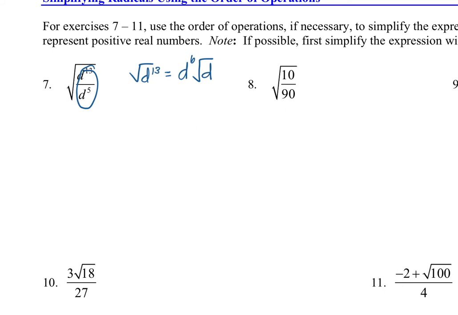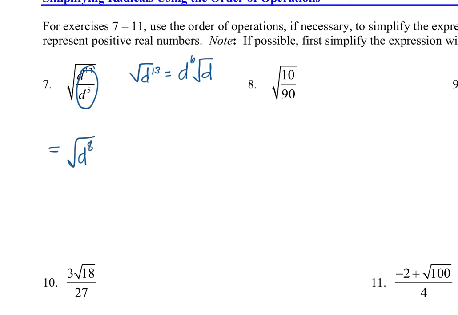D to the 13th divided by d to the 5th is d to the 8th, because it's the same base, and when you're dividing, you subtract the exponents. So 13 minus 5 is d to the 8th.